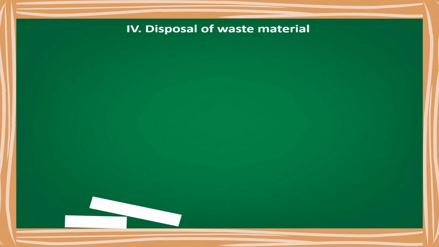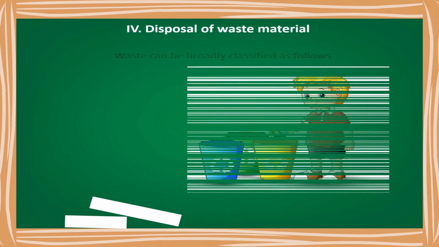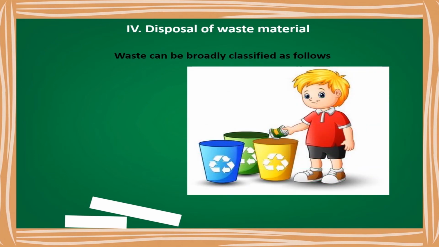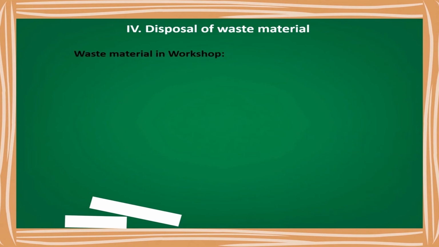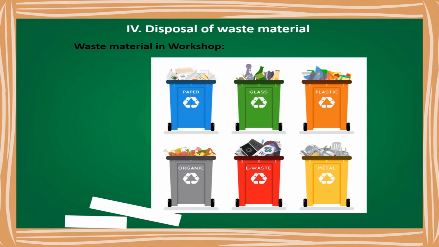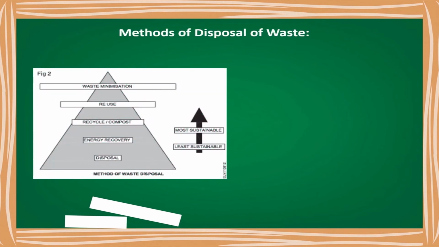Disposal of waste material. Waste can be broadly classified as follows: rural waste, urban waste. Urban waste can further be classified into solid waste and liquid waste. Some of the waste material in workshop are as follows: methods of disposal of waste.